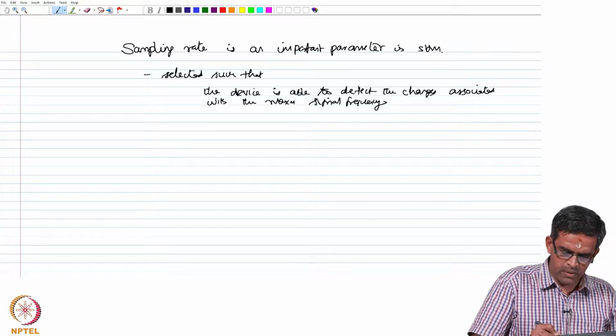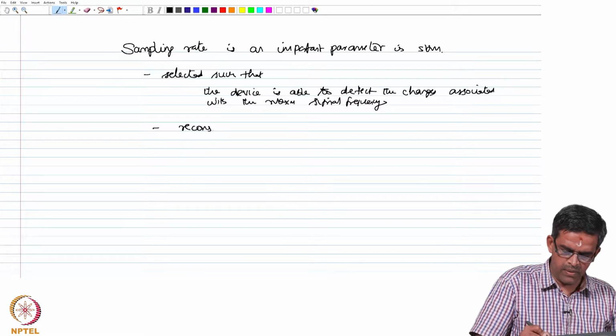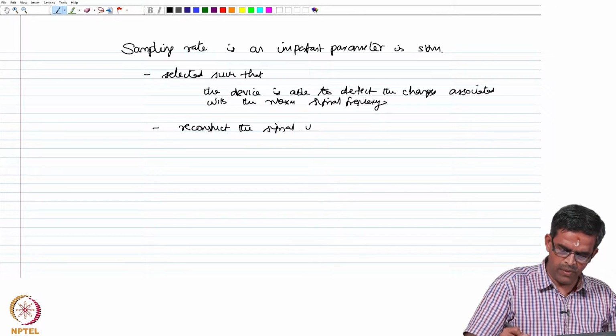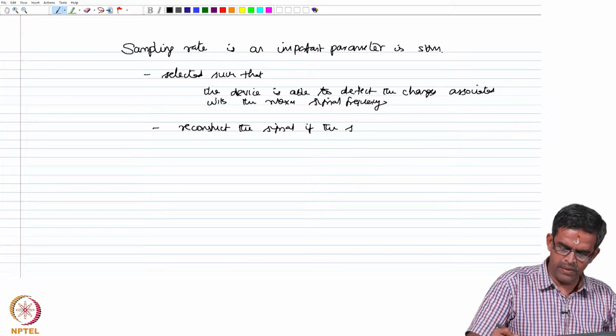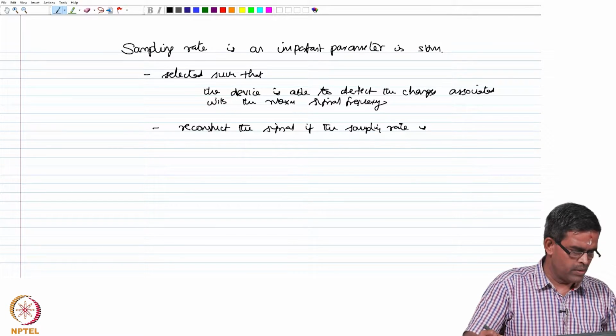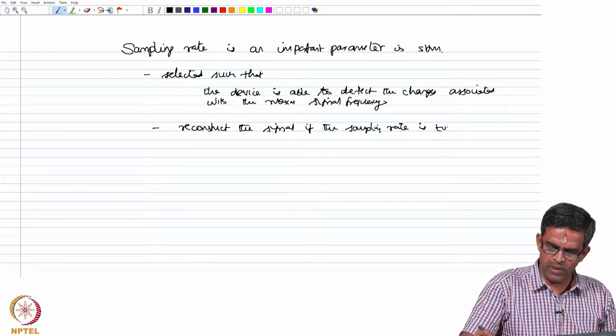Now, one can reconstruct the signal if the sampling rate is twice the maximum frequency.